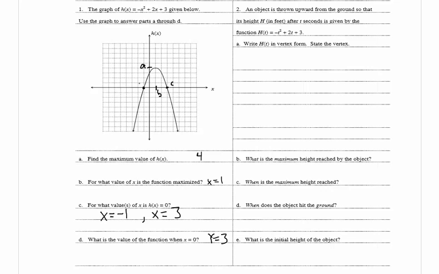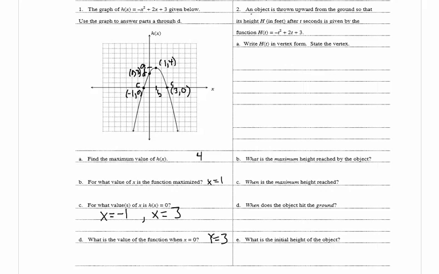This was C. And D, we found the y-intercept, which is here. So our vertex has the coordinate (1, 4). Our x-intercepts are (3, 0) and (-1, 0). And our y-intercept has coordinates (0, 3), and that was D.